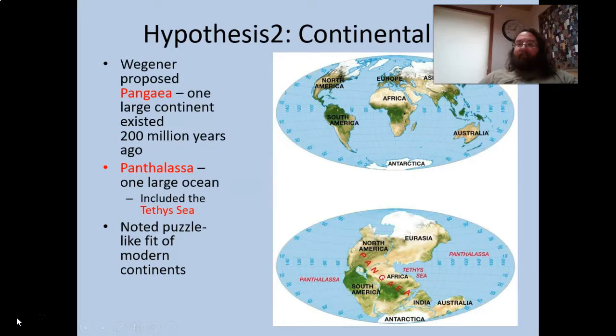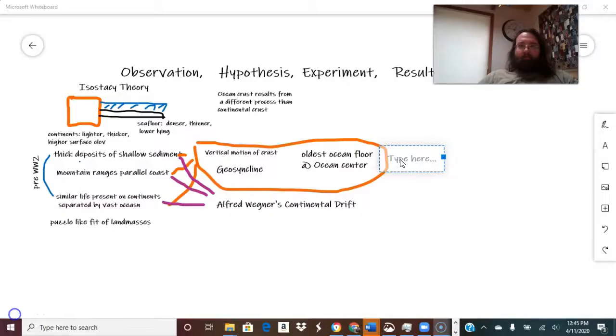And Alfred Wegener's continental drift hypothesis also made a prediction. It predicted that at some point in the past there was a vast landmass of all the continents together called Pangea, surrounded by a world-girding sea called Panthalassa.